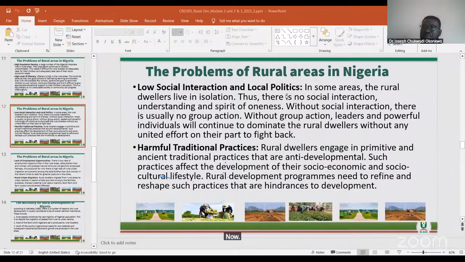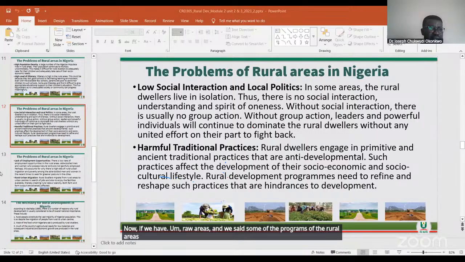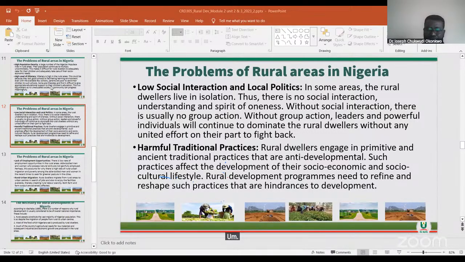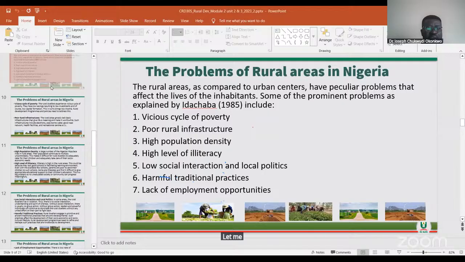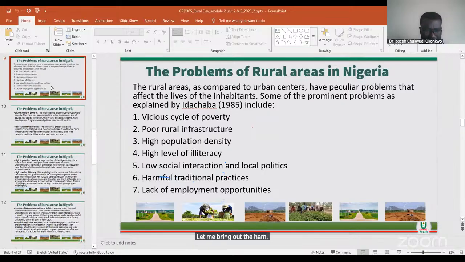Now, if we have rural areas, and some of the problems of the rural areas are harmful traditional practices, and some of those harmful traditional practices inhibit some progressive economic and socio-economic activities, as followers, we make reports, like one of us has suggested.